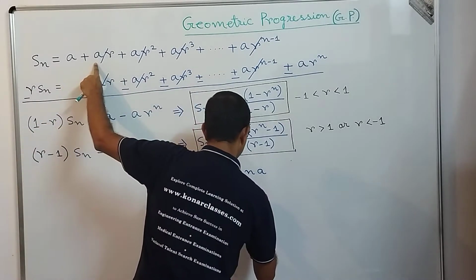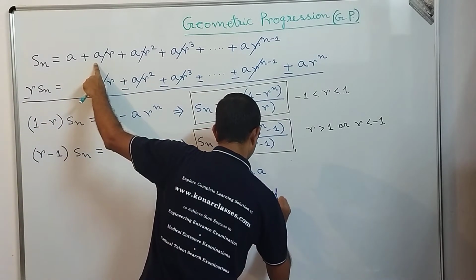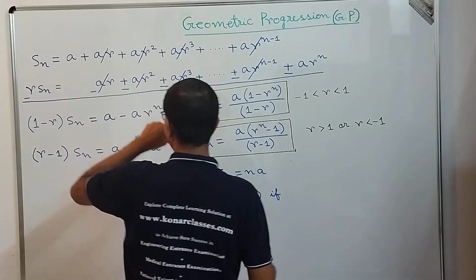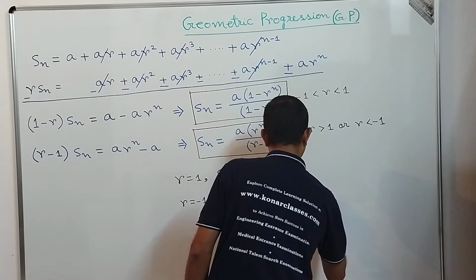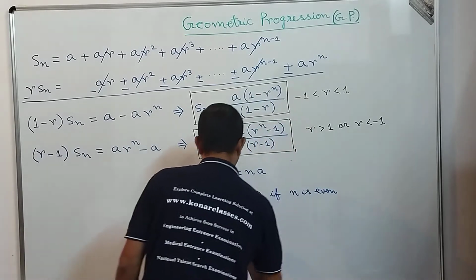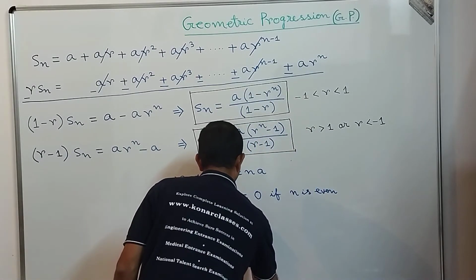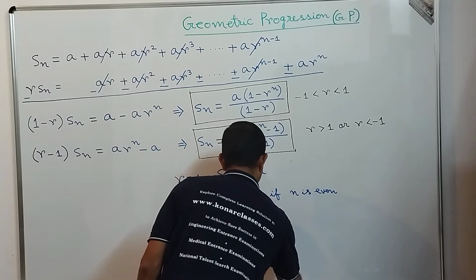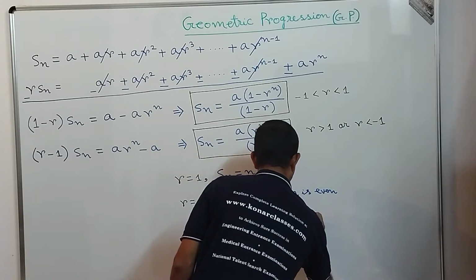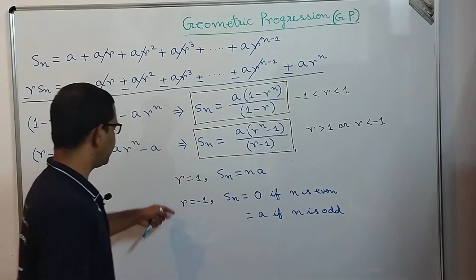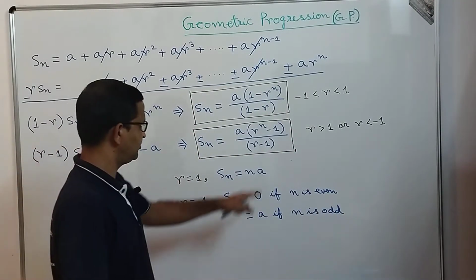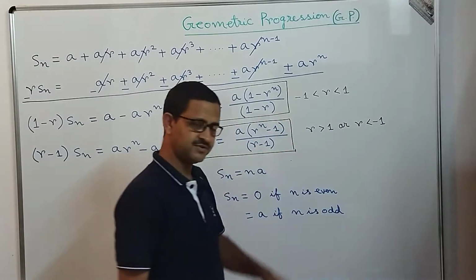So Sn will be 0 if there are an even number of terms, if n is even, and Sn will be equal to a if n is odd. Correct? By the way, these two are extreme cases, not used that much. These are the two important formulas.